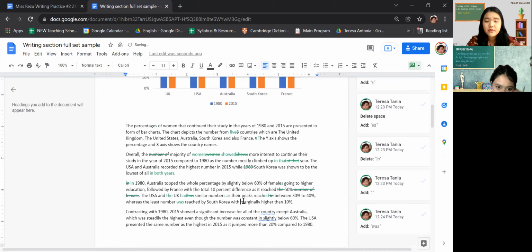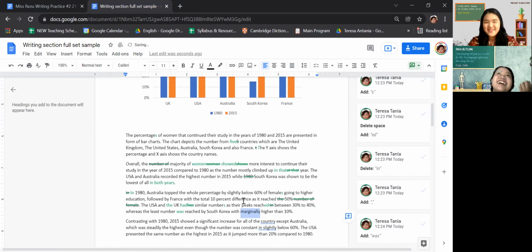"Marginally." Oh no, I was just attempting to try what kind of adverb I should write here, and then I remembered it's like nearby the margin, so I said marginally. No, that's different. Marginally means like by a slight margin, if I'm not mistaken.